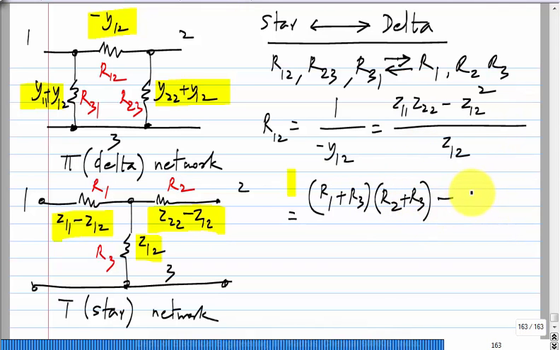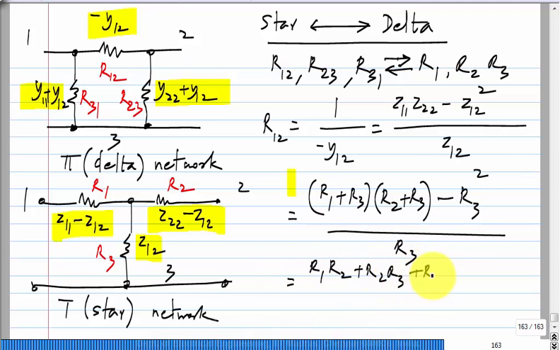R2 square, R3 square divided by Z12, which is R3. So this comes out to be the pairwise products R1R2 plus R2R3 plus R3R1 divided by R3. This is fine.